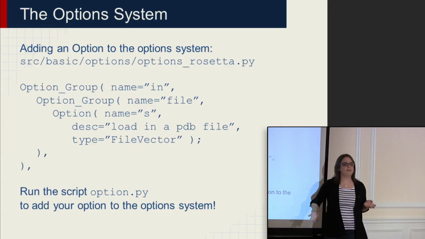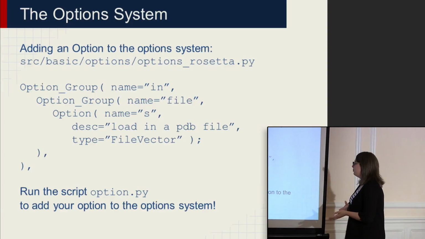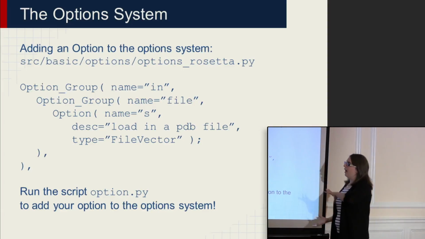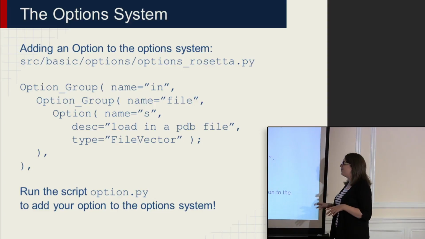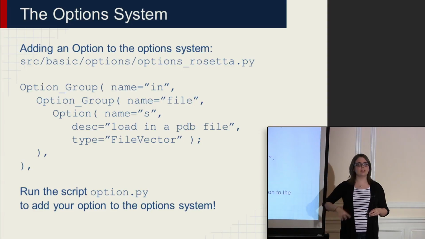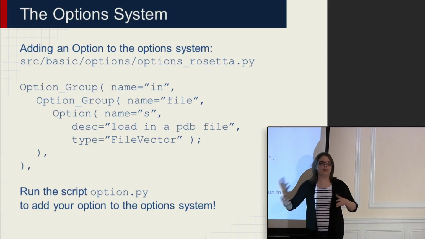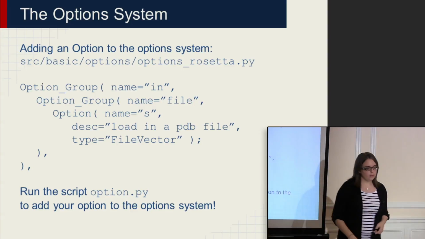In this case, it's a file vector, or you can get a string of files by working with this option. And then once you've added a new option to that options rosetta.py script, you can actually run the script option.py to add your option to the system. Or I think now Scons will actually add it for you. We have that script running every time you compile.